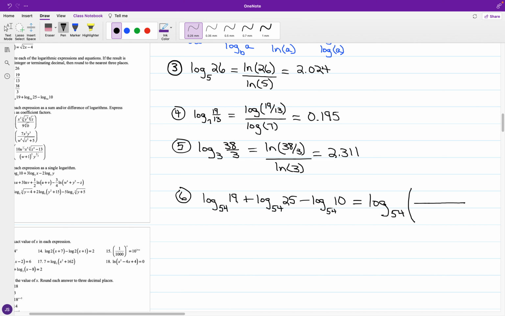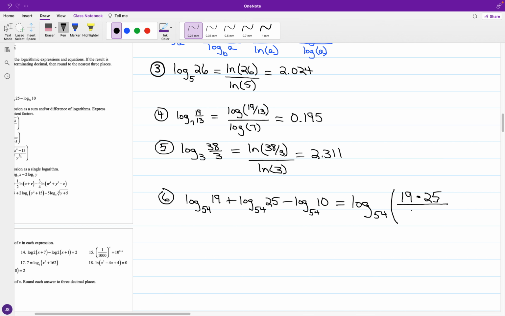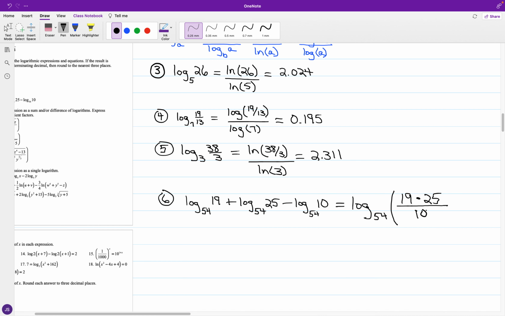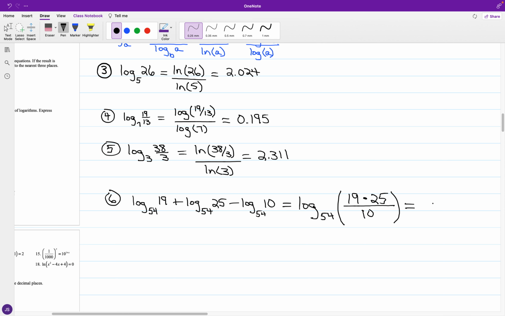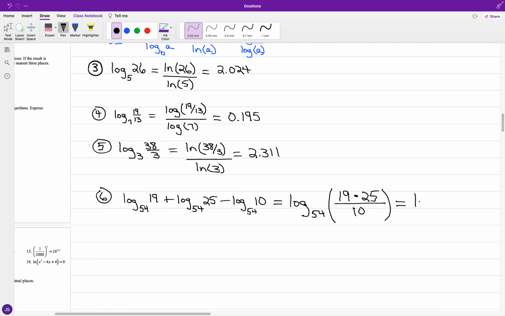Any attachments affiliated with positive logarithmic terms will go into the numerator. So you got 19 at the top, and 25 is also going to be at the top. And since we have 10 as the attachment to a negative base 54 logarithm, this will go on the bottom. So we had the base 54 logarithm of 19 times 25 divided by 10.